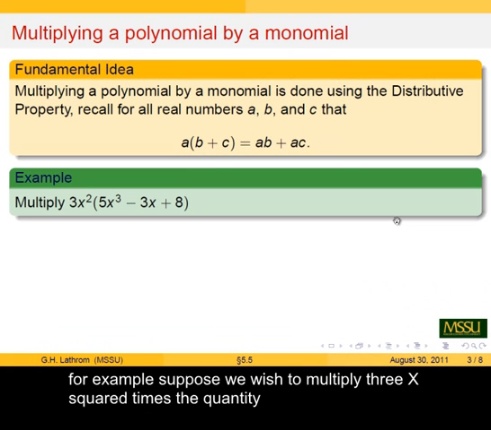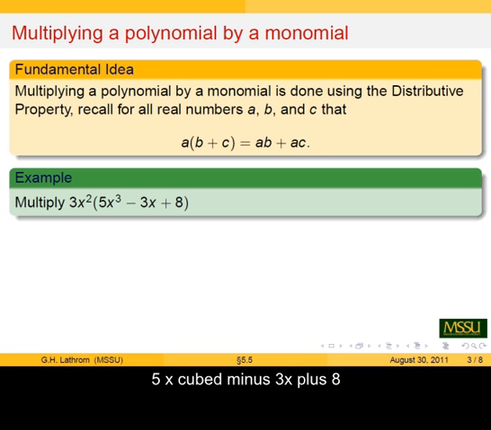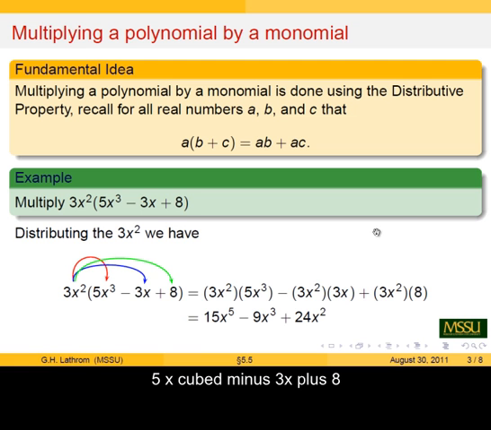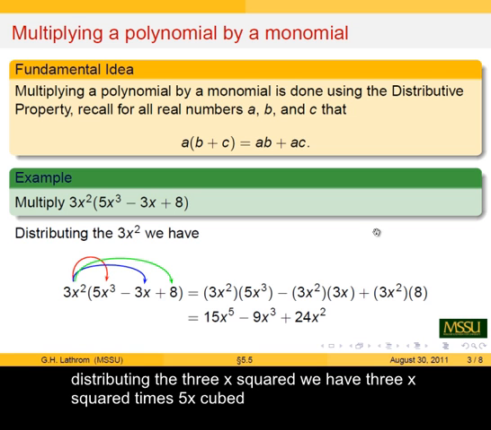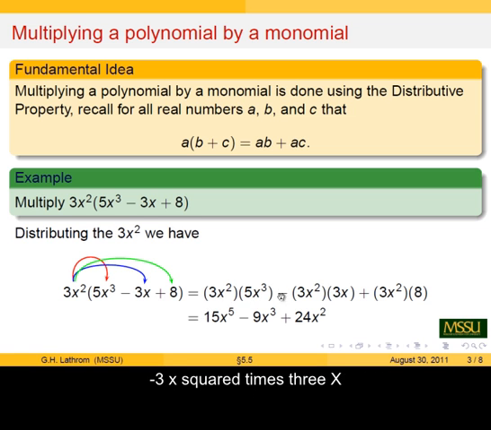For example, suppose we wish to multiply 3x squared times the quantity 5x cubed minus 3x plus 8. Distributing the 3x squared, we have 3x squared times 5x cubed minus 3x squared times 3x plus 3x squared times 8.